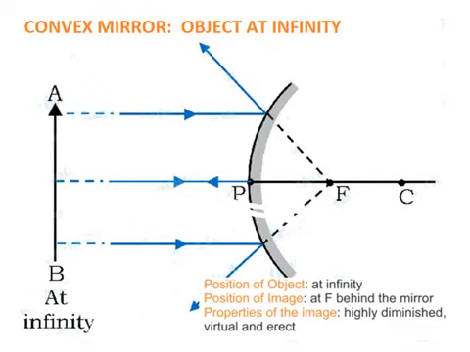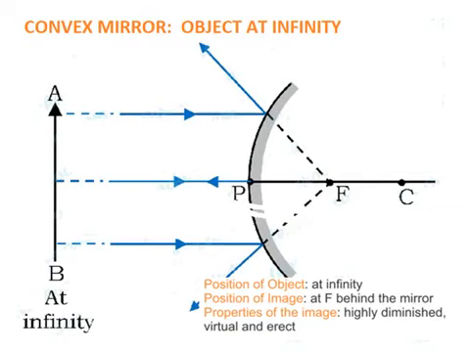When the object AB is kept at infinity, rays parallel to the principal axis strike the mirror, and as soon as they strike, they get reflected. You see the reflected rays bending with that angle, and extend the reflected rays. Obviously they fall on the point F, which is the principal focus.